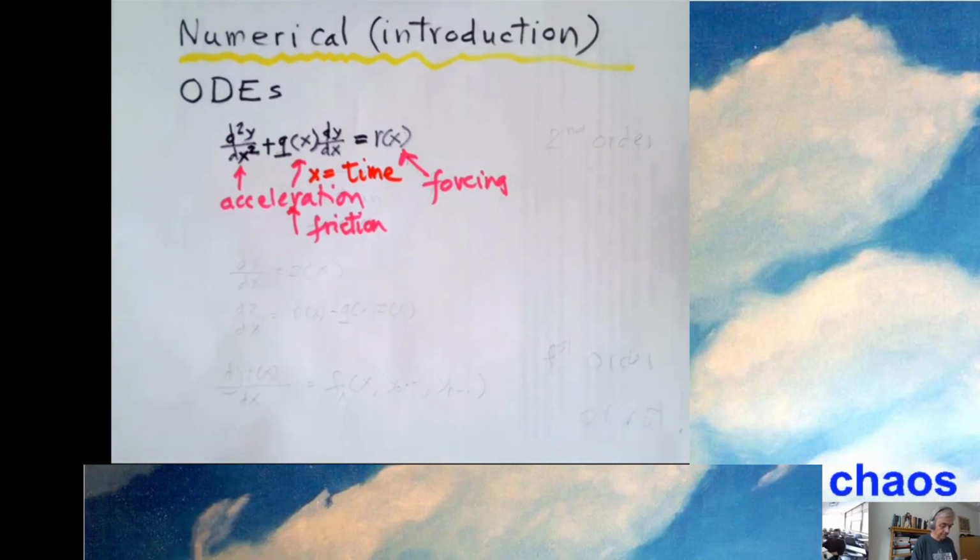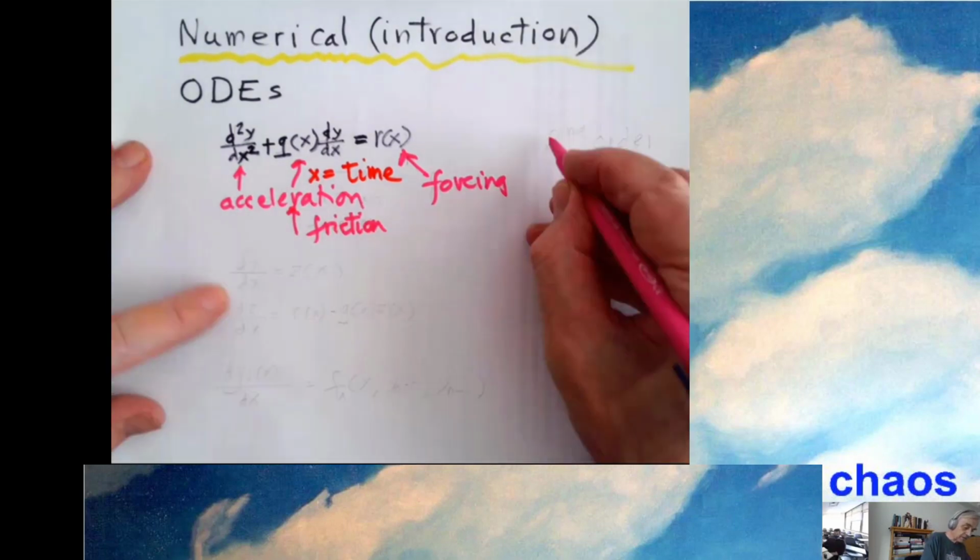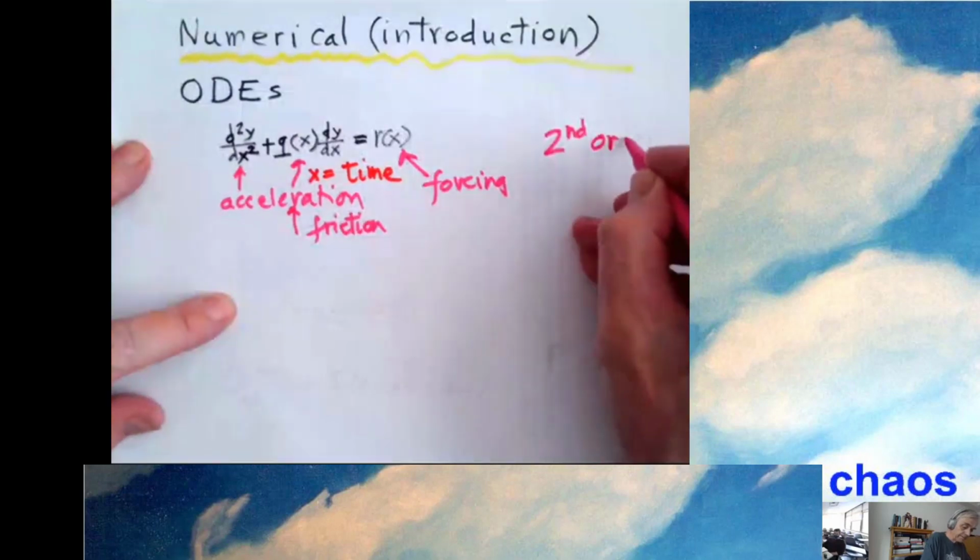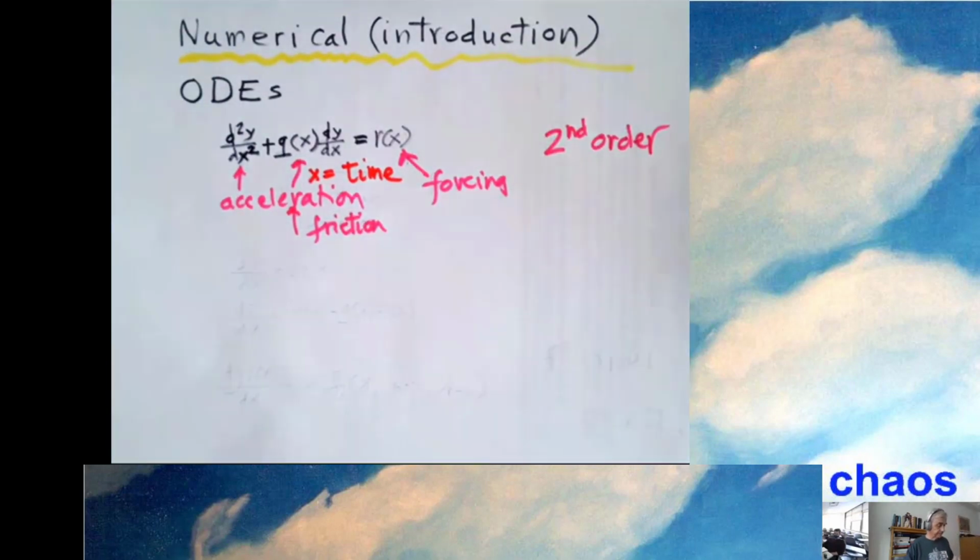So it's okay to think of it abstractly. And now one says this equation is second order, because it has a second derivative here.